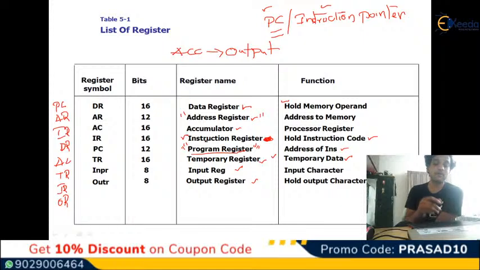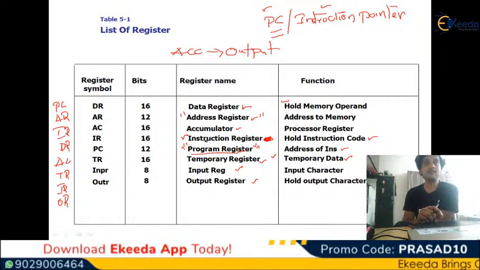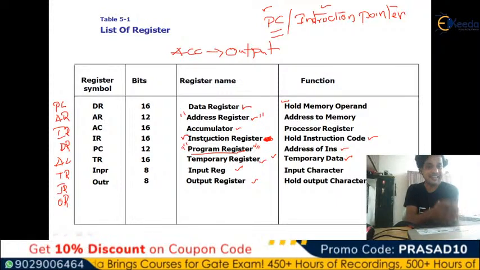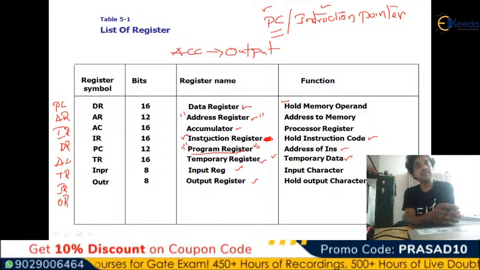For example, the program counter holds only the address of the next instruction, whereas the address register is going to hold any address that needs to be located in the main memory. The instruction register is going to hold the current instruction which is going to get executed currently. What is the data register?